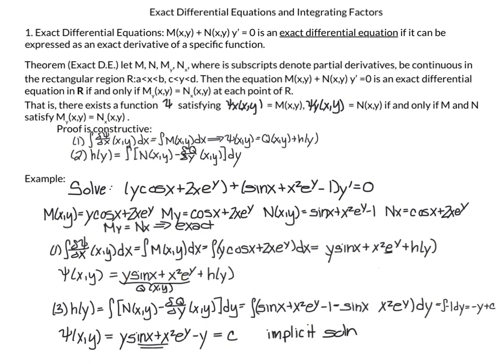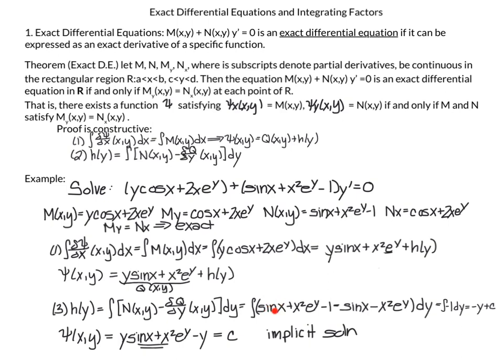to y. So here I will get, remember x is a constant, so I have y times a constant, sine of x, and then I also have this with respect to y is just x squared e to the y. That's also a minus. And this whole thing I have to integrate with respect to y.